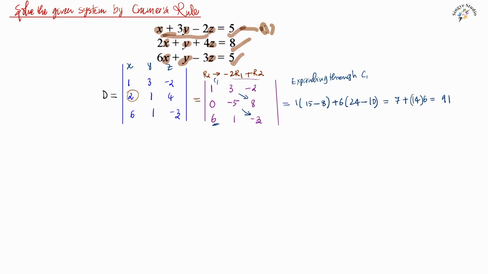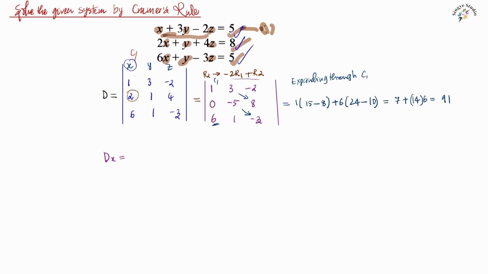Now our next job is to find the value of dx, okay? And what did I say? The dx is a determinant calculated by replacing the column containing the coefficient of x with this sum, right? So we have to replace this column 1 by this sum.